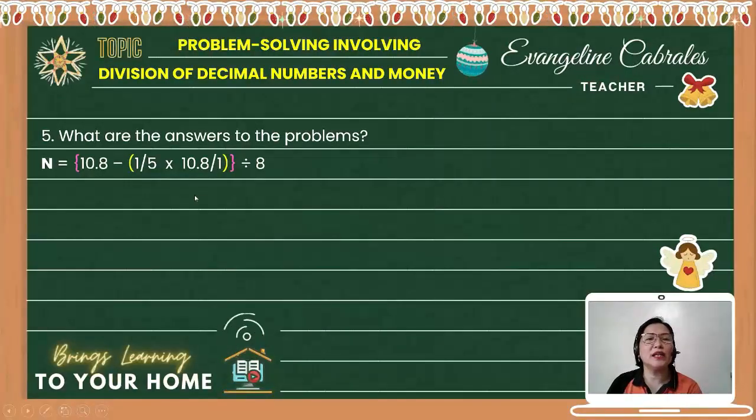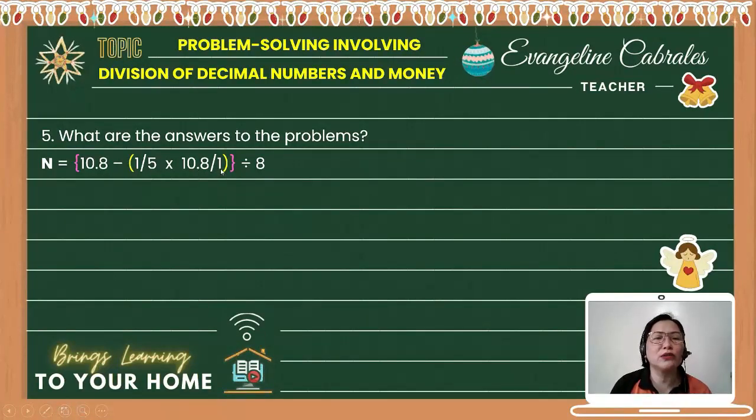And then, what are the answers to the problems? Unahin natin yung unang number sentence, 10.8 minus 1/5 times 10.8 over 1, all divided by 8. Nilagyan ko ng denominator yung 10.8 para mas madali sa inyong makita at maintindihan. So, para in a way, para na rin sila parehong fractions divided by 8. So, uunahin natin ito dahil siyang nasa loob ng parentheses.